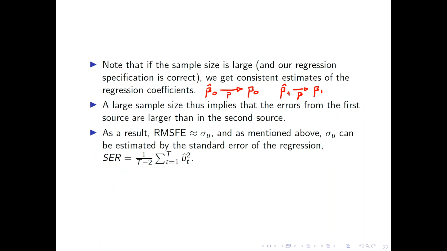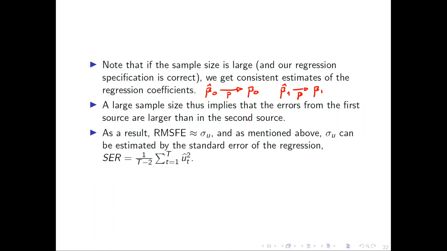So if we have a large sample size, then the first source of error, which is the standard error of the residuals, is quite a bit larger than the second source of the mean squared forecast error.